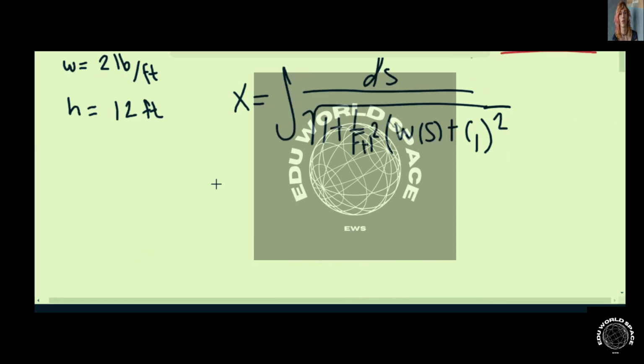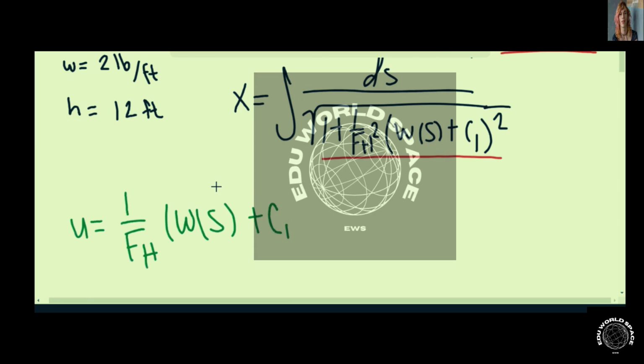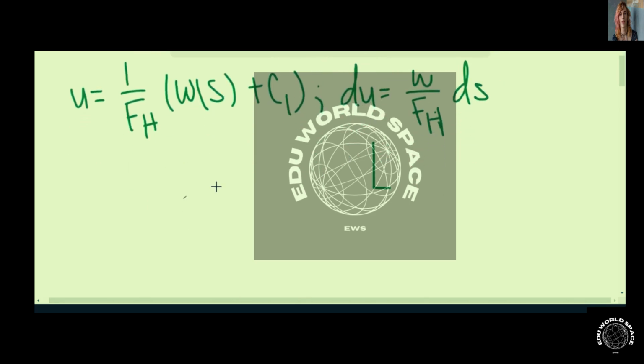So if we proceed to take the integral of this function using u substitution for the term underlined in red, u equals 1 over F_h times (w times s plus c1), where the derivative of that equals w over F_h times ds, and if we solve for ds, that equals F_h over w times du.